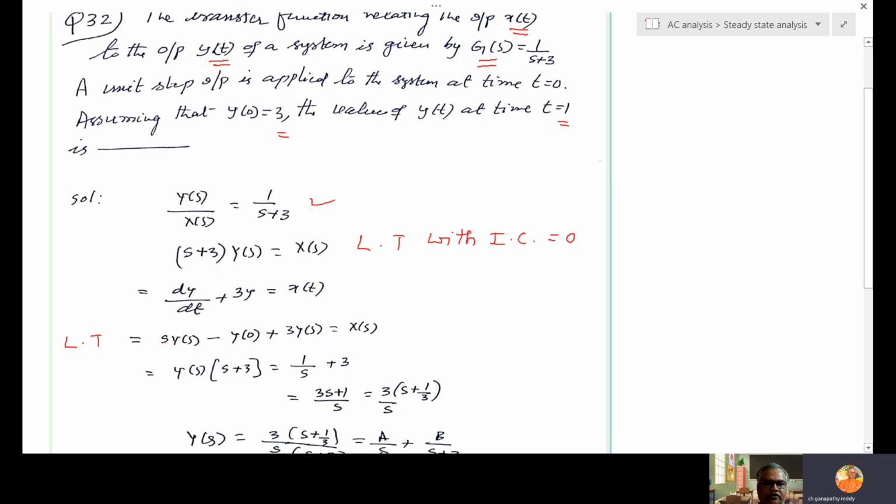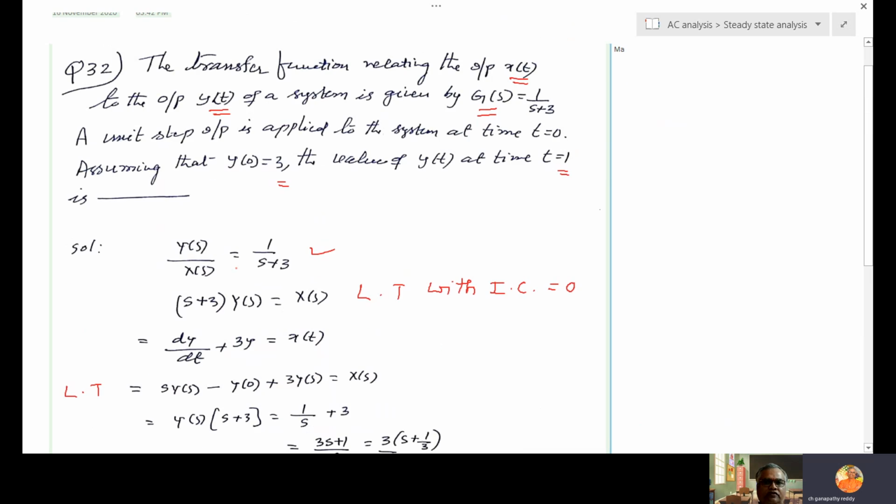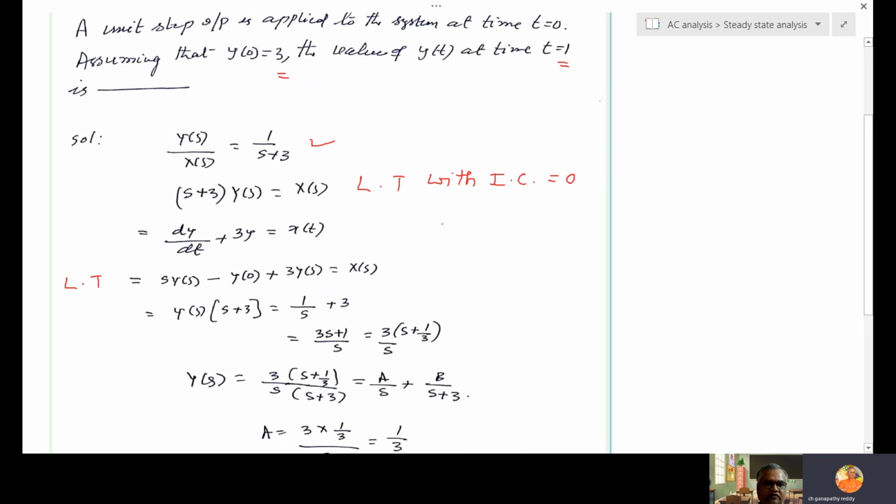After the Laplace transform, what do you get? s into Y of s minus y of 0 plus 3 Y of s, since the Laplace of y of t is Y of s, is equal to X of s. Now y of 0 is given as 3, so substitute that. What is being asked? y of t is asked.